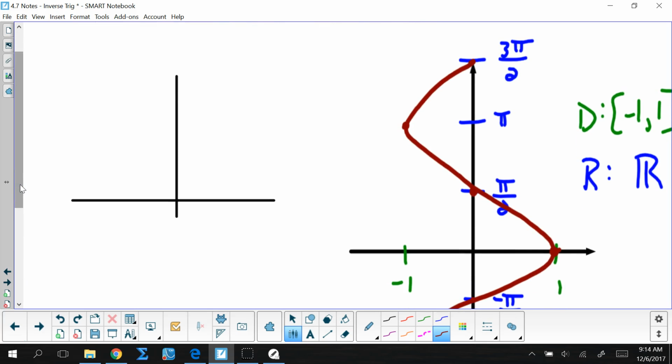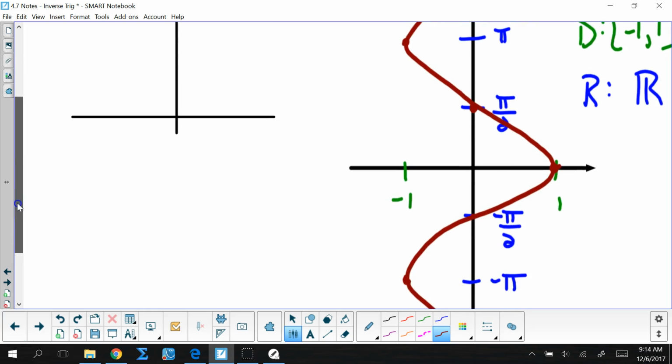Where do you think I should restrict it then? What values? From negative pi to positive pi? From negative pi to positive pi, that would be all the way from here to there, right? But is that a function?